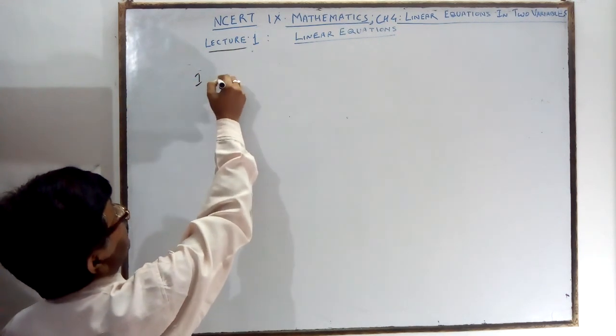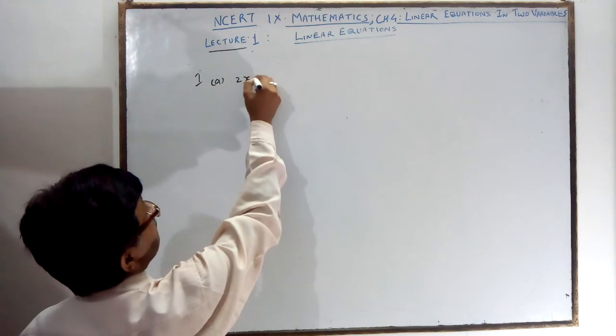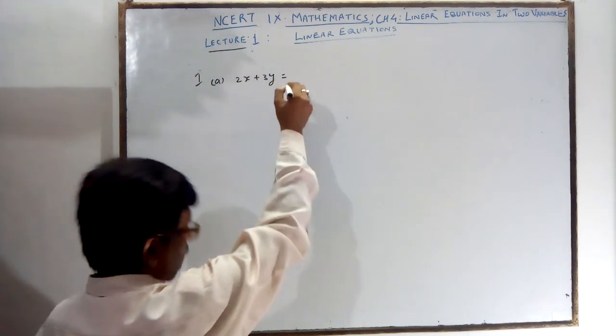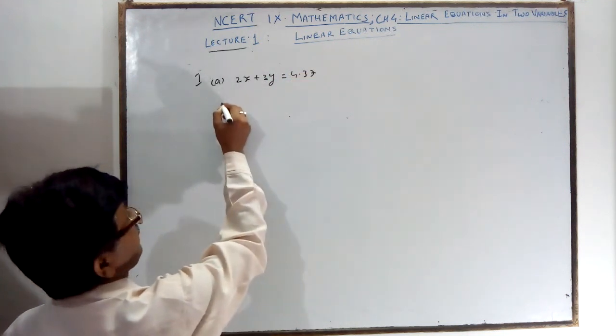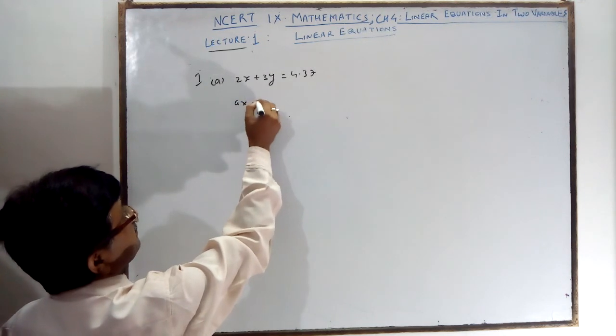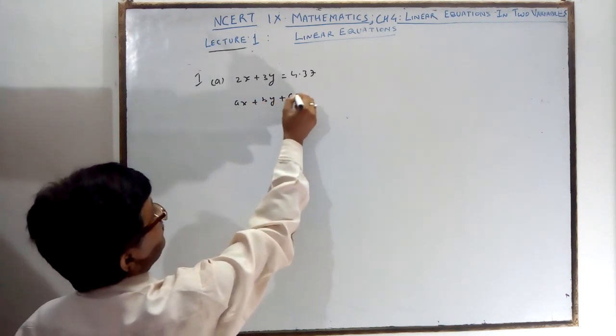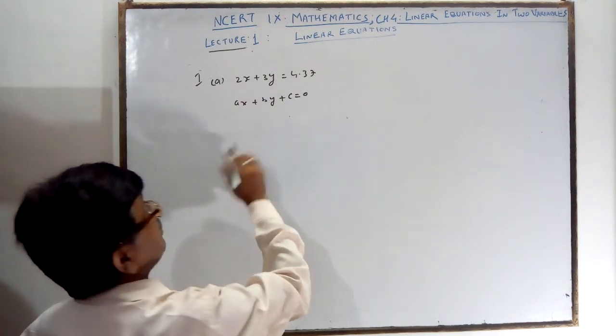In example 1, what is given? The first part: 2x plus 3y is equal to 4.37. You can write it in standard form. What is the standard form? ax plus by plus c is equal to 0. It means all the terms should be on one side.